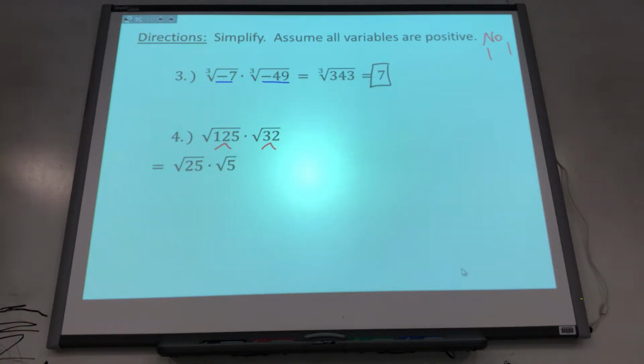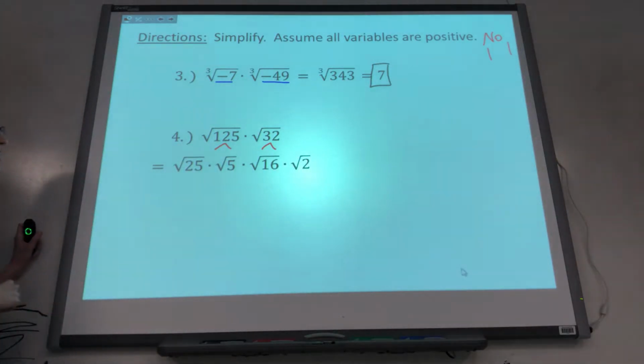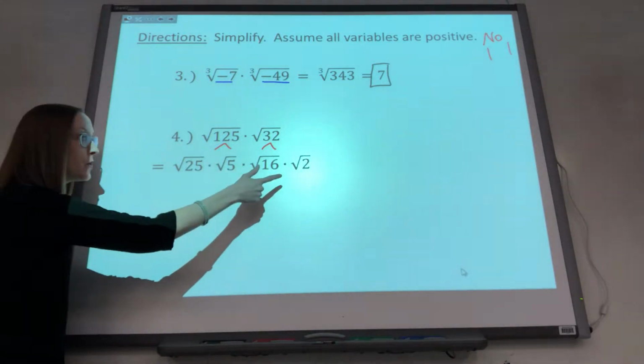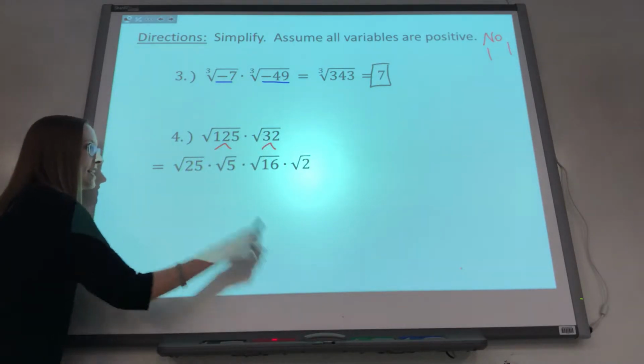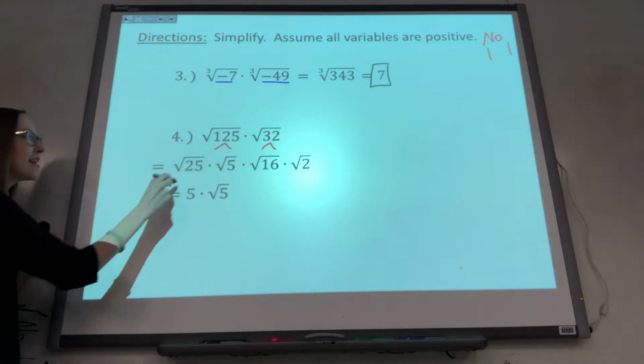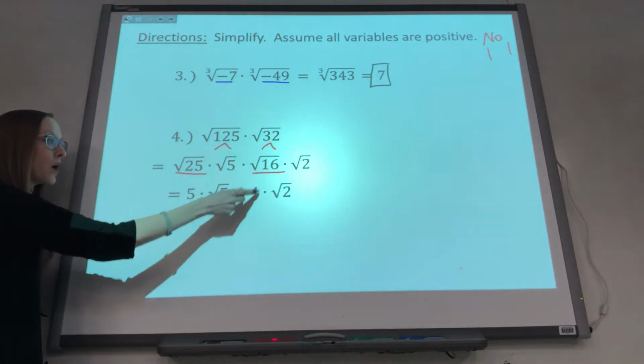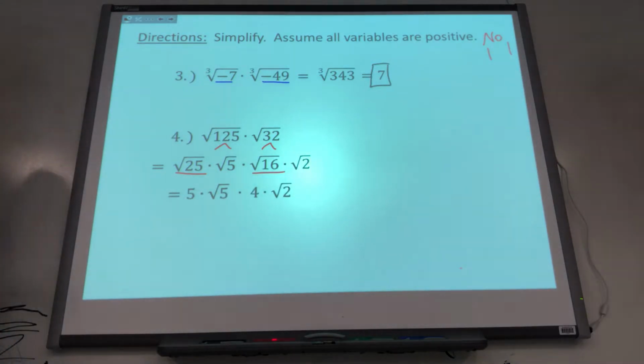It's not 4. 16. Let's do the square root of 16 times the square root of 2. Now this is 5. Square root of 5, I'm leaving that alone for right now. This is 4, leaving the square root of 2 alone.